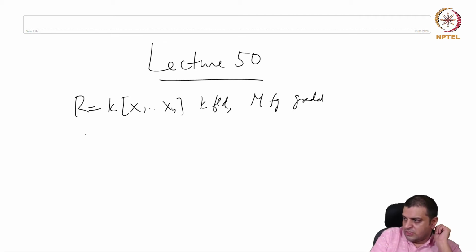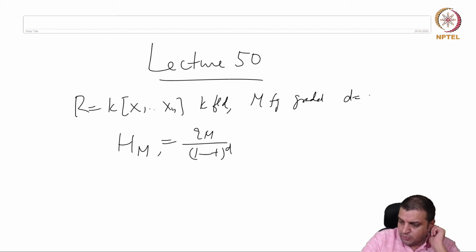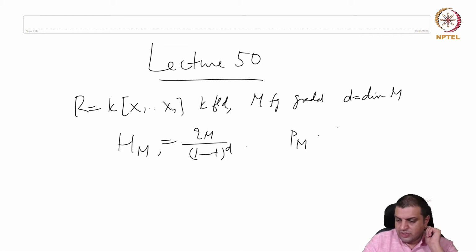We know the Hilbert series, which is of the form Qm over (1 minus t) to the d. So let's put d to be the dimension of M. And then we also have Pm, which is the Hilbert polynomial.